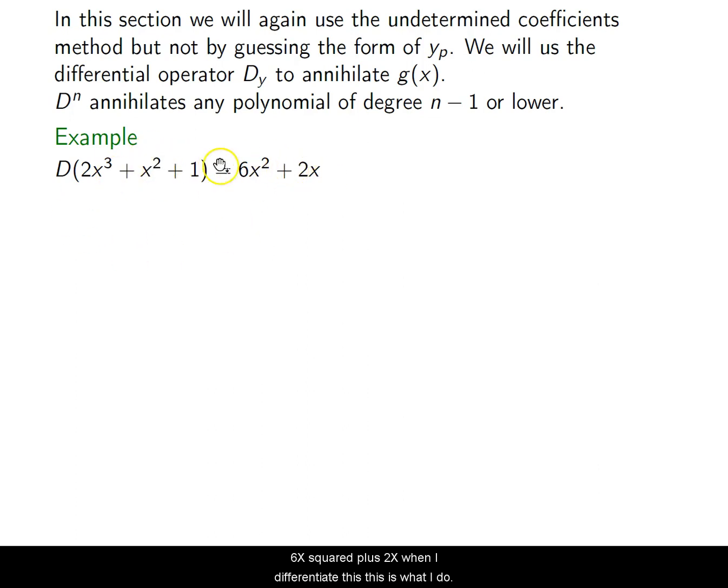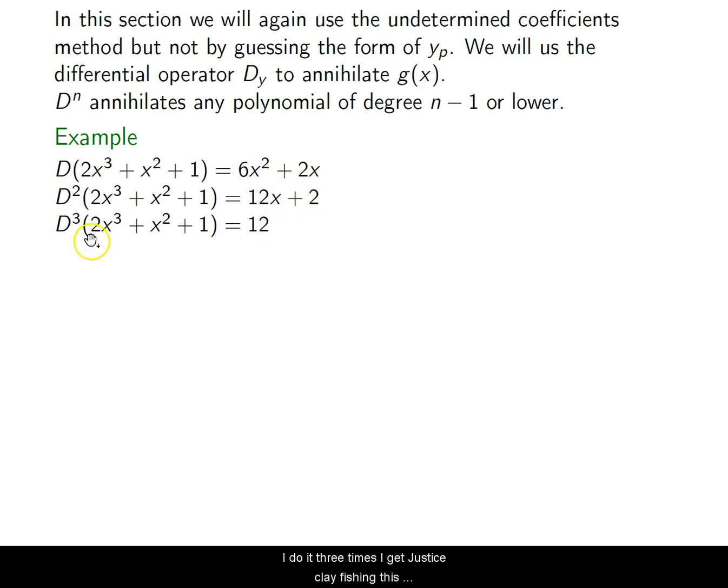If I differentiate it twice, you can think of this as the differential of the differential, so we get 12x plus 2. If I do it 3 times, I get just the constant term 12. And of course, since this was a cubic, the fourth derivative will annihilate the entire function and get me 0.